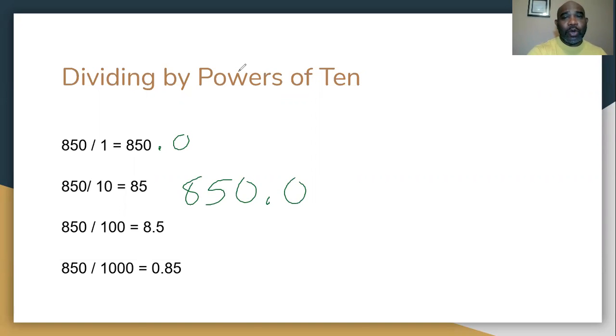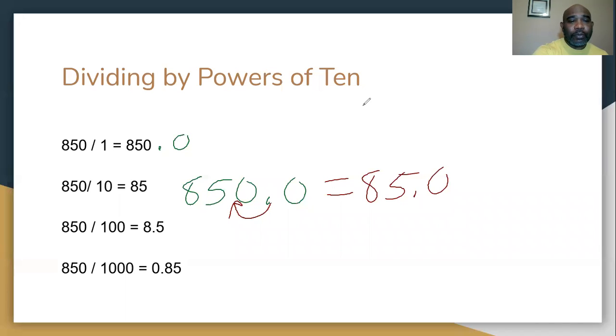Well, 10 has 1 zero, so I'm going to move the decimal 1 place over to the left, and that gives me 85.0, or 85. That's how that came up. Same thing here. There are 2 zeros here. So we're going to stick a decimal right there and move it 2 places, making it 8.5.